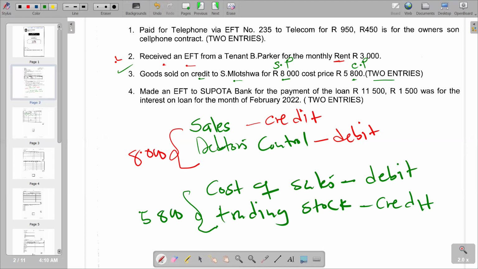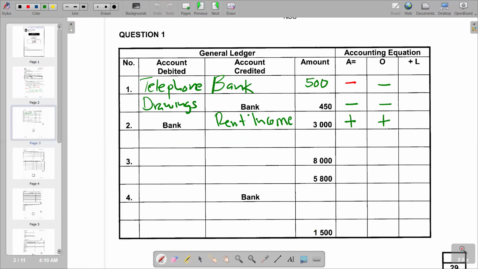So go to the answer section and summarize it as such, whereby we start with the double entry on the selling price, where we are debiting debtors control. You see that our 8,000 is the selling price value. So we're saying debit debtors control, and so this is what we have. Then I will try to see the effect on the accounting equation.